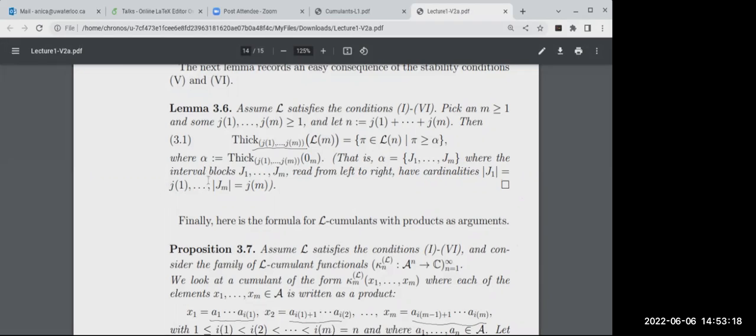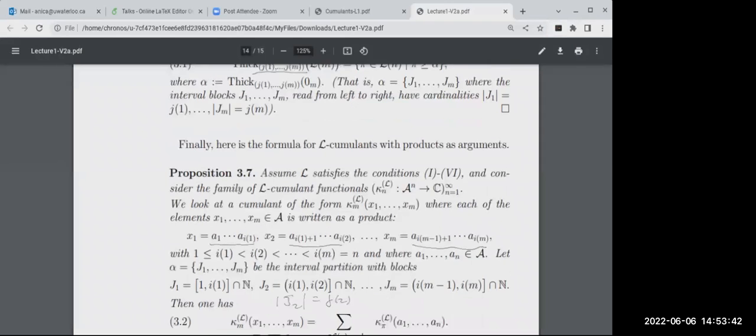If I take alpha to be the thickening of 0, which is the partition with M blocks where the sizes of the blocks are exactly J of 1 up to J of M, whatever I'm thickening with J1 up to JM will be greater or equal to alpha. So this condition is correct here. But because of my axioms 5 and 6, I can get this equality.